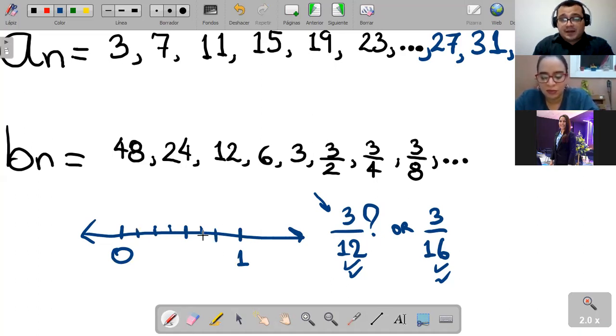I'm cutting half of the half of the half, right? The half of the pieces, I mean, I got 8s. If I cut these again in halves, I will get the 16s, not the 12s, okay? So the next one will be 3/60.